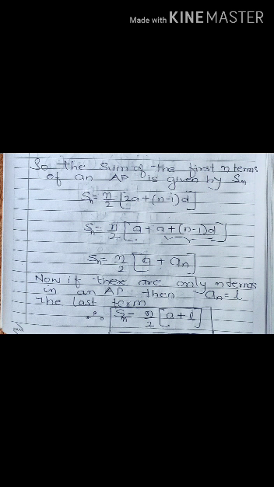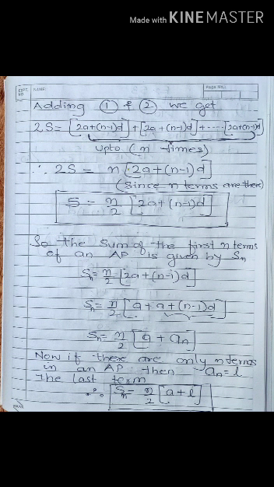So Sn equals n by 2 (a plus an). If there are only n terms in the AP, then an can be written as l, the last term. So the formula can also be written as Sn equals n by 2 bracket a plus l.